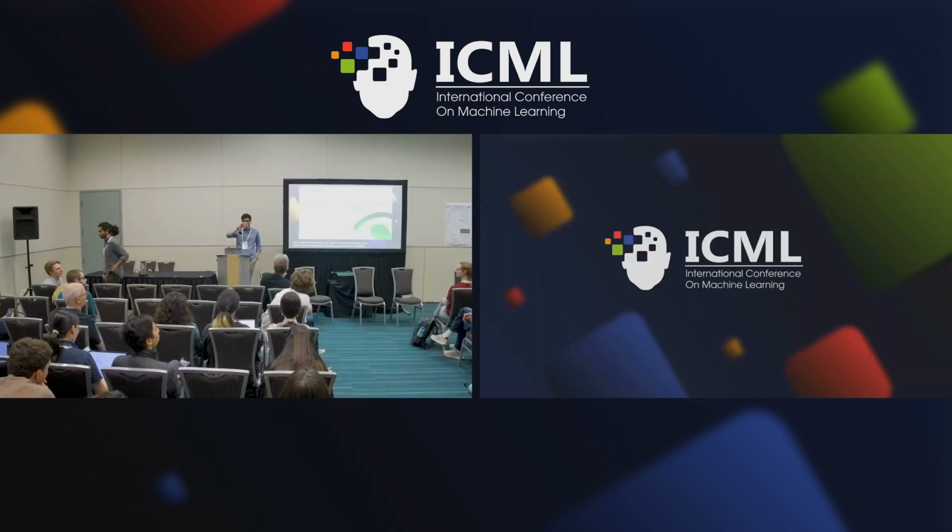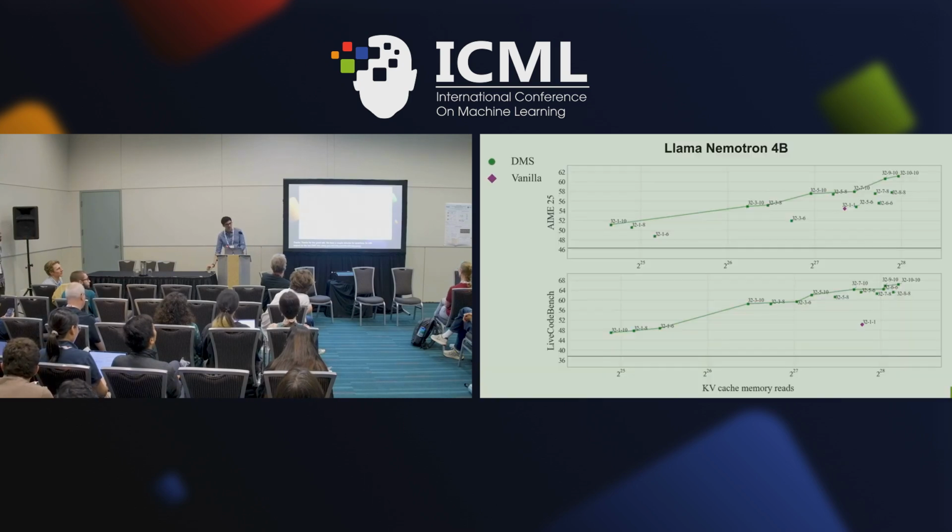With respect to the last DMS one, when you had the eviction window with some compression ratio, I can imagine that you could have multiple eviction windows for different compression ratios. If you have a high compression ratio in a short window, maybe it's hard to get all the information out of the tokens that you need in order to effectively use them.